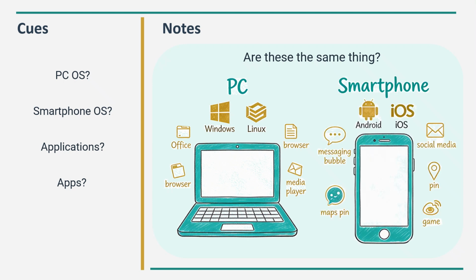On a smartphone, the operating system might be Android or iOS, and you run apps like messaging, social media, maps, and games. Even though the devices look different, both have system software underneath and application software on top. This is why CAT exam questions often mention phones and tablets, not just desktop computers.